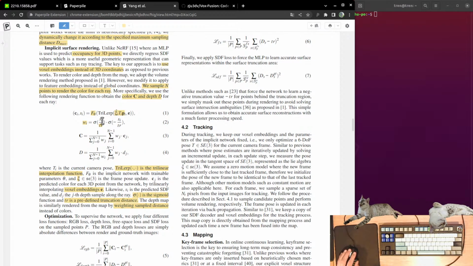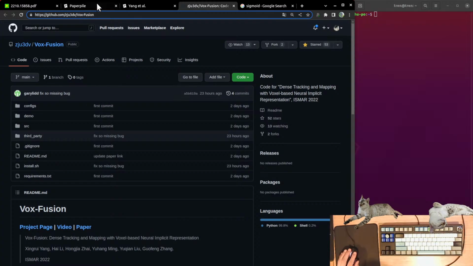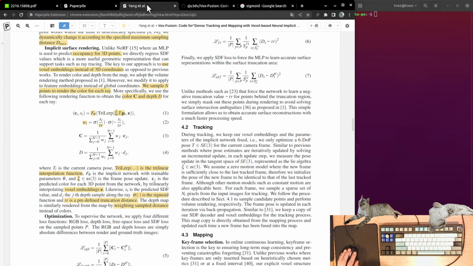Right, so if we think about how we would get a very large value for the weight, assuming TR is the same, we want very large positive numbers in order to get 1. So a very large positive number means that SI is big.